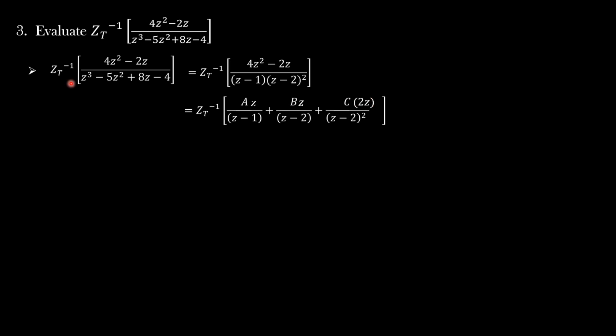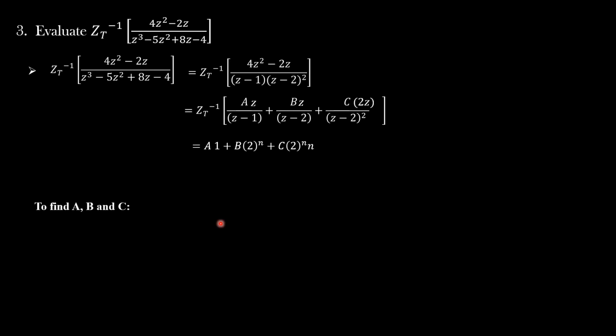Therefore, inverse z transform of (4z² - 2z)/(z³ - 5z² + 8z - 4) becomes a·1 + b·2^n + c·2^n·n.